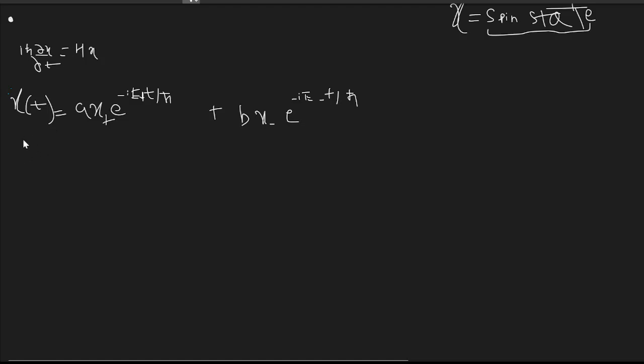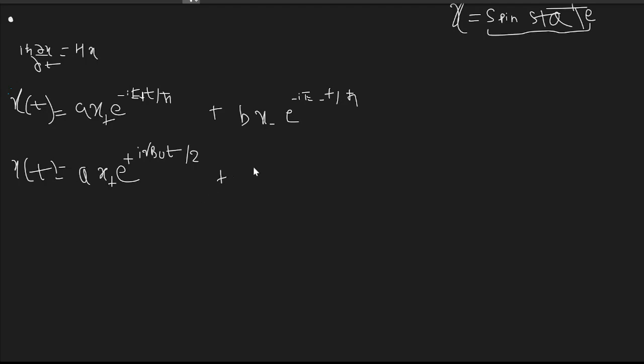First of all, we are going to substitute the values of energy. A spin up e to the power negative. What's the energy for the positive case? For the positive case, it becomes positive i gamma B naught t divided by 2, and here the h bar and h bar will cut out.